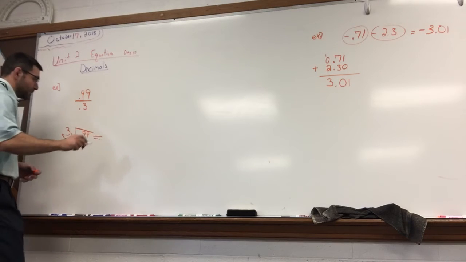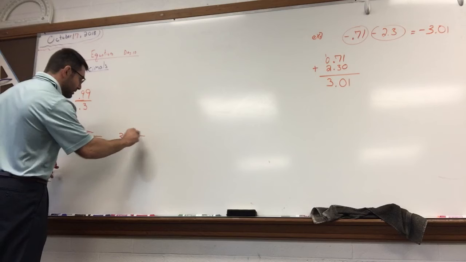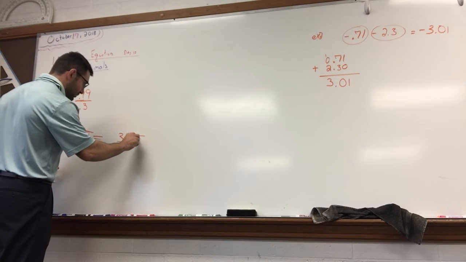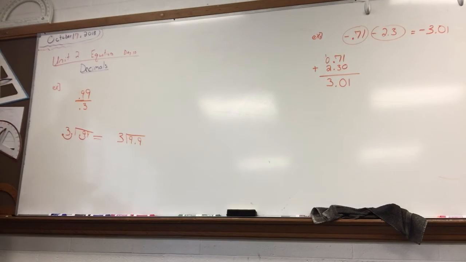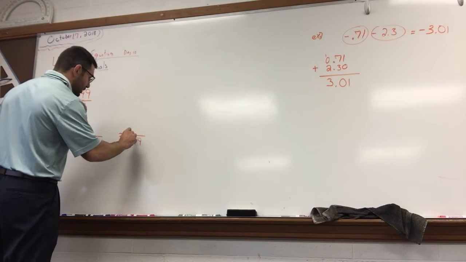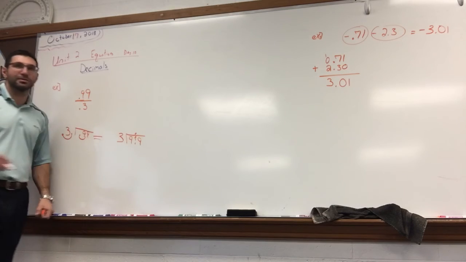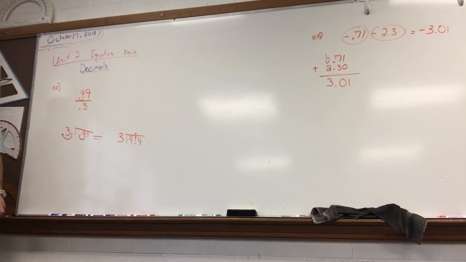So now I can rewrite this as 3 divided by 9 and 9/10. Everybody with me still? This decimal immediately goes which direction? Up or down? Yeah, Brock, you got it. It goes up. That decimal stays there.